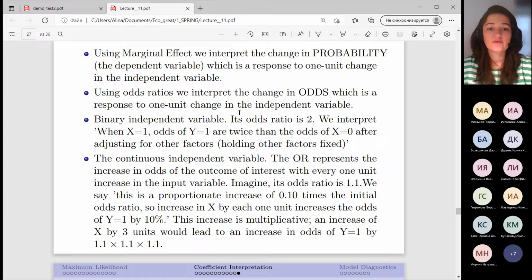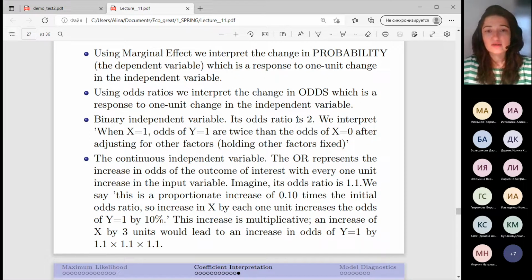So on this slide, you can find some hints on how you can interpret your odds ratio results. For example, if you see in your table an odds ratio with a value equal to 2, and you have a binary independent variable, let's say the binary independent variable here is gender, where 1 means the respondent is male and 0 means the respondent is female.